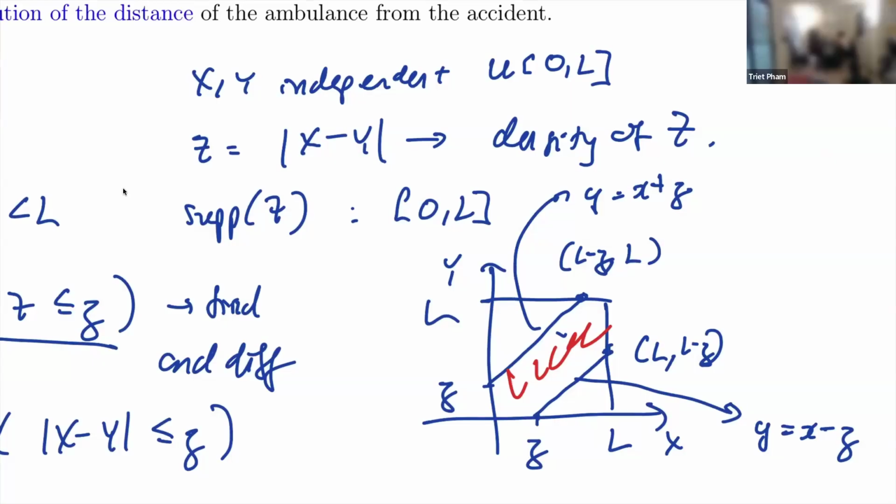What would the complement be? L squared minus (L minus z) squared. Correct, because this is L minus z, L minus z, and then there's a half for each.